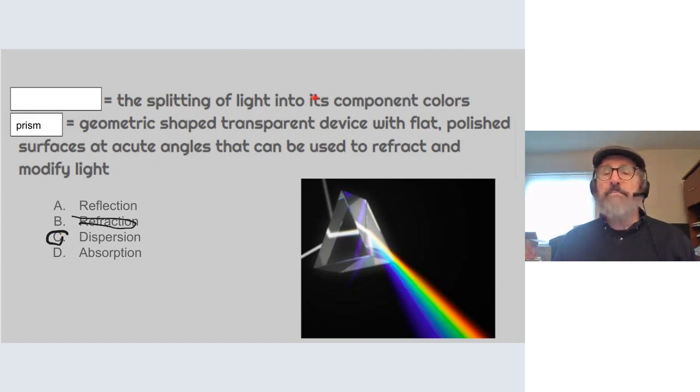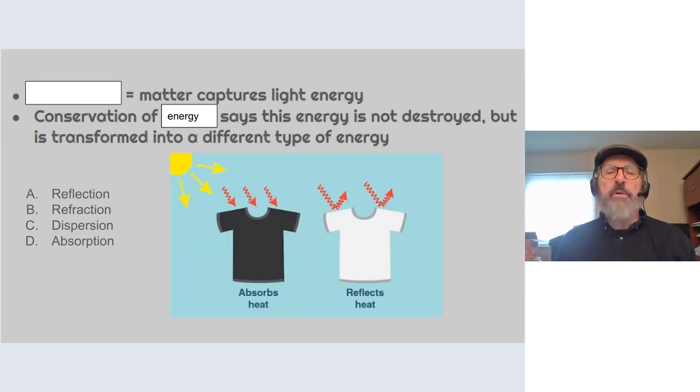And again, like I said, these are in your notes. You'll have some time to do that. Reflection is where you're bouncing it off a mirror, right? Shiny part. So this is dispersion. Again, use your notes. You can see these. All right. Dispersion, the splitting of light into component colors.